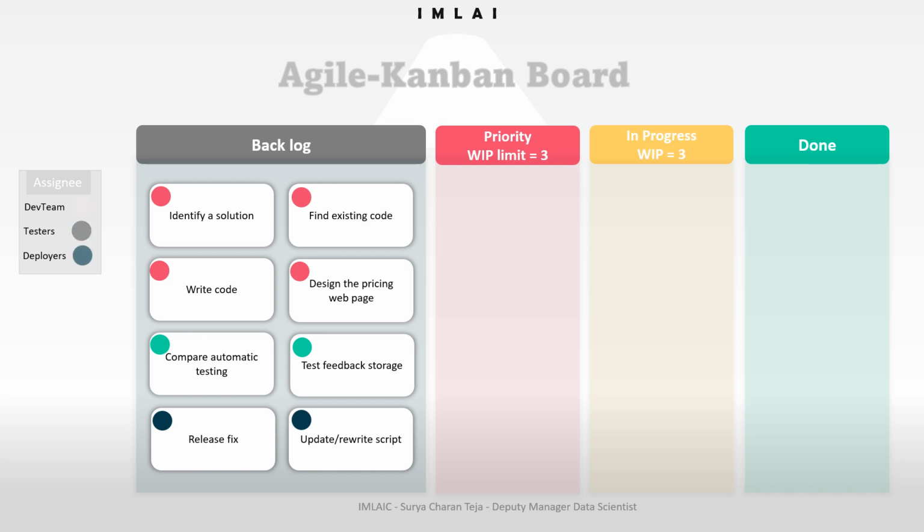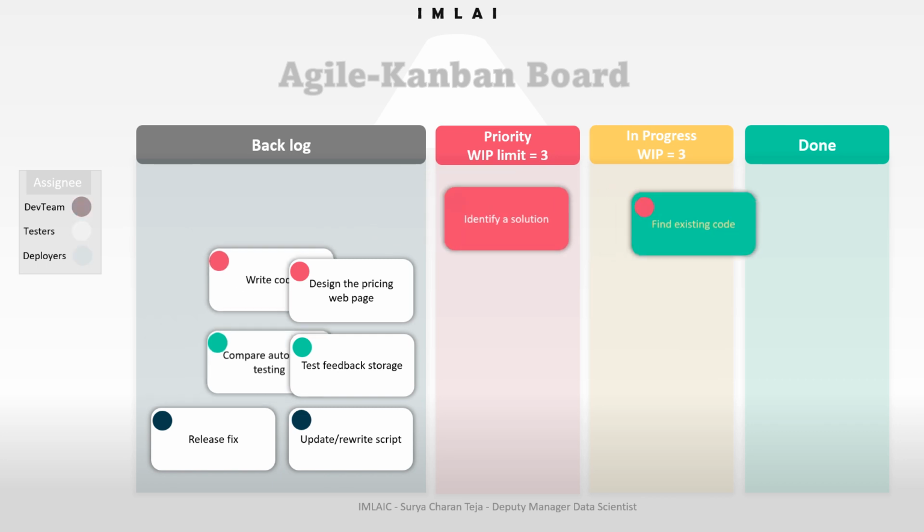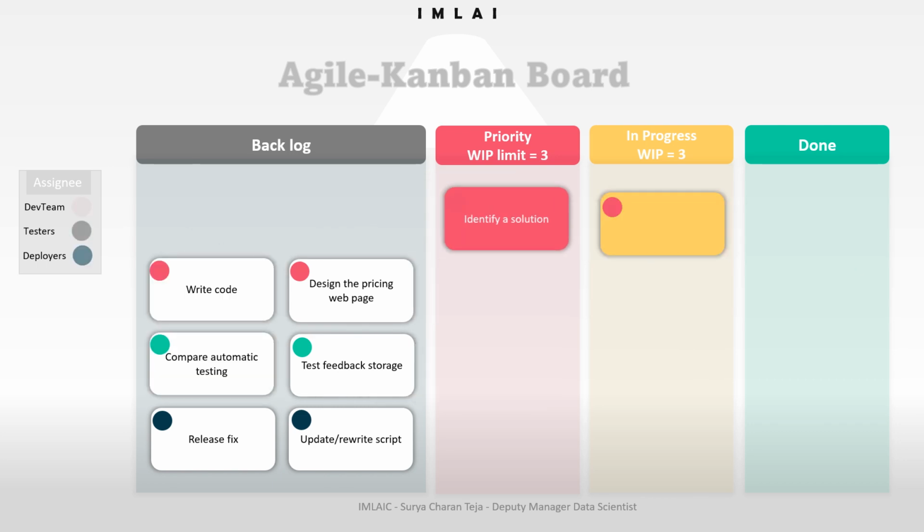So now, how do we proceed further? In the Kanban board, each team will prioritize the tasks, and whichever has the higher priority should be done. Once it is done, then they can go for the next task. This is how the tasks will flow one by one. For example, the high priority task is to find an existing code, which should be done by the dev team. Once that is done, that task will move into in progress.